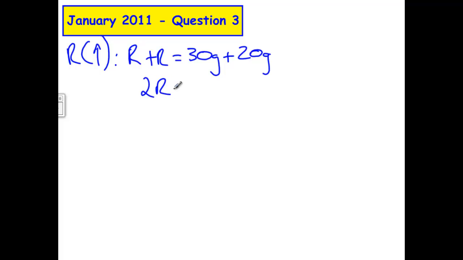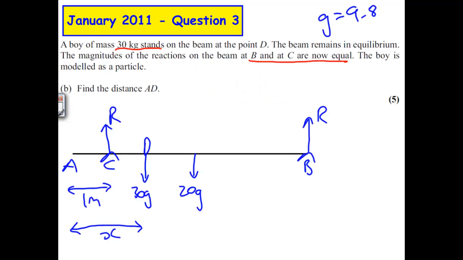So this tells me that 2R is equal to 50G, so therefore R is equal to 25 times G. So now that I know R, on my diagram I can set this as 25G, and the reaction at B is also 25G.